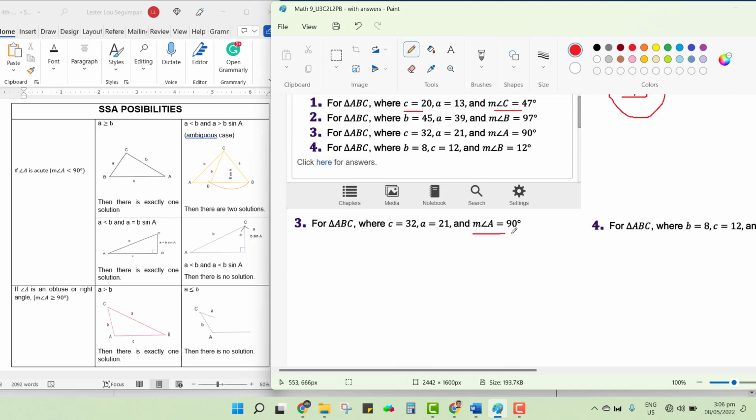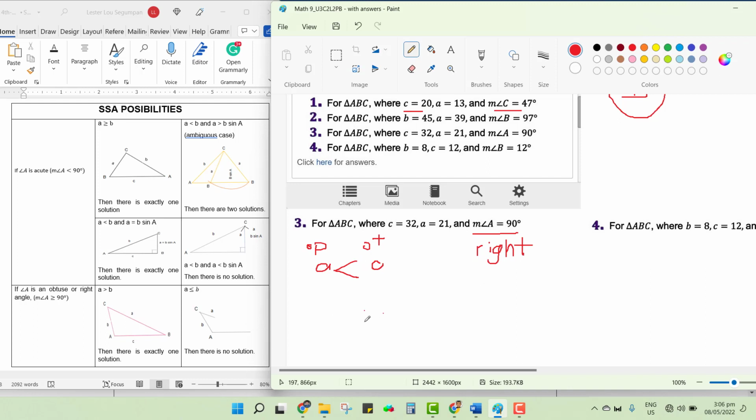Number three is where an angle is right, so it falls in this category here. This is a right angle. The opposite side here is side A, and the other side is side C. Now look into the value of the given. We have here C and we have here A, which is very obvious that A is less than C. In this situation, it falls in this category.